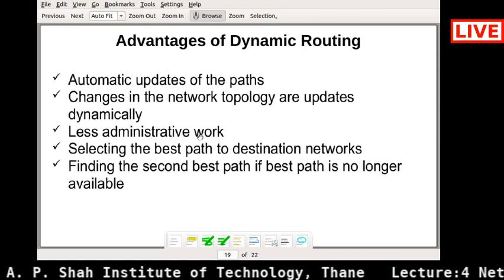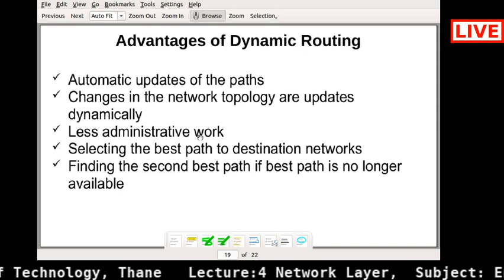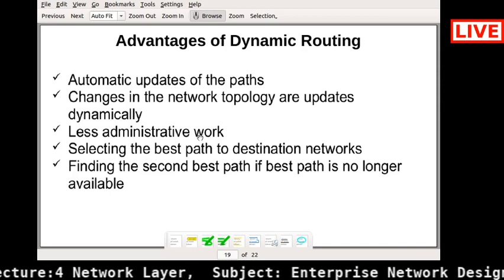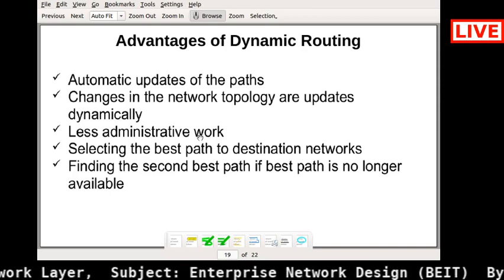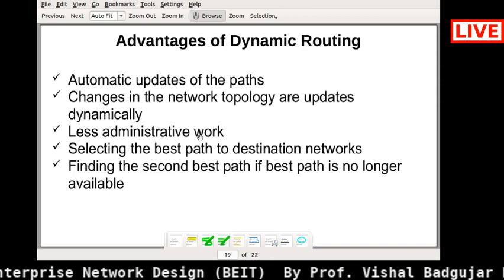Why? Because in static routing, you need to manually configure the destination address into your router's configuration, right? So there is some administrative work, you need to keep in mind and remember the IP address of the destination route.